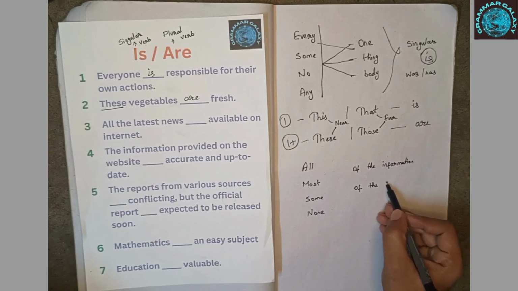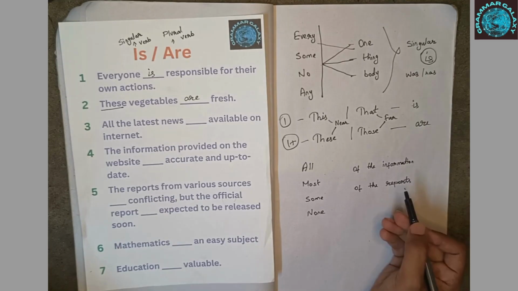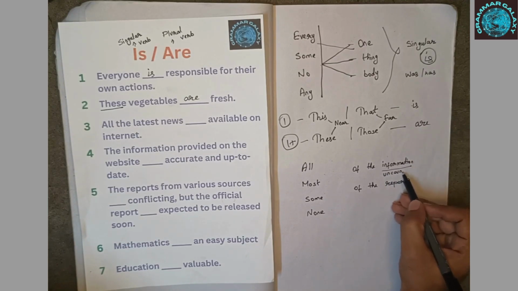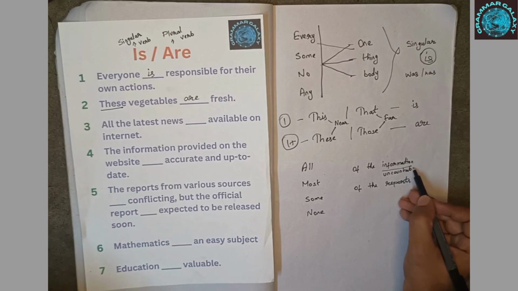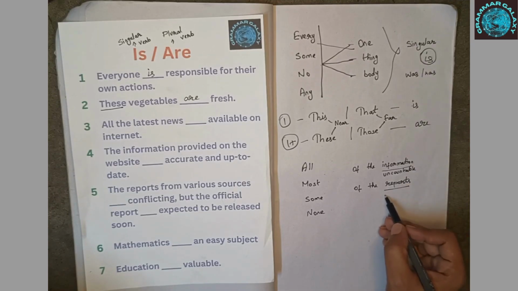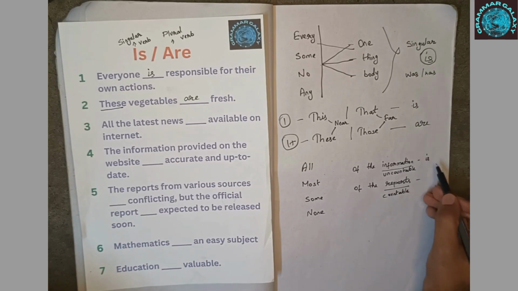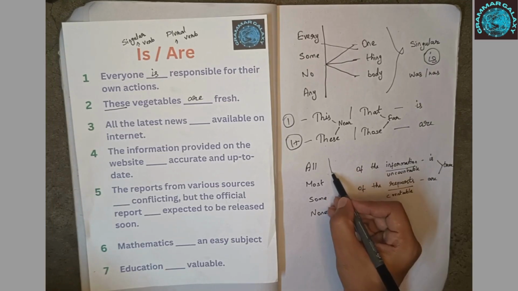Now here, whenever it comes like this, all of the information or all of the reports, information is an uncountable noun, and an uncountable noun always takes the singular verb, that is is, whereas report is a countable noun, something which you can count, like how many reports. So they take the plural verb are.